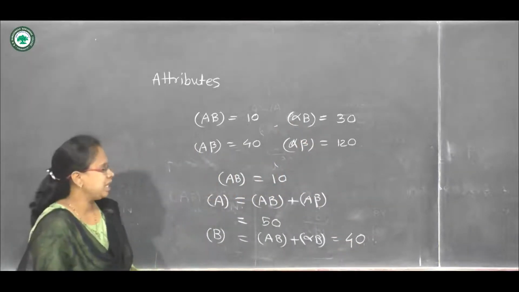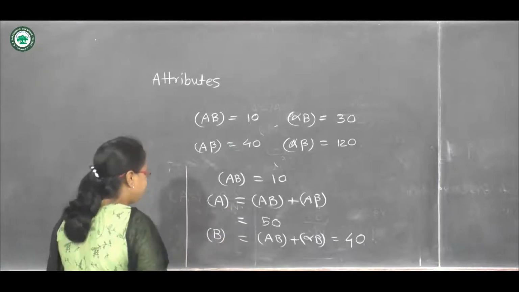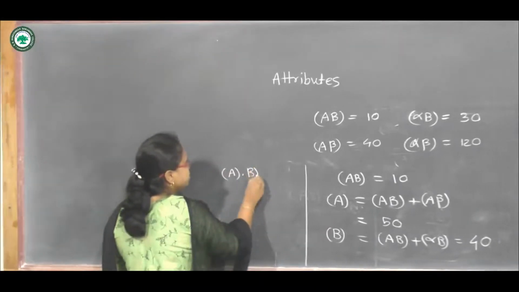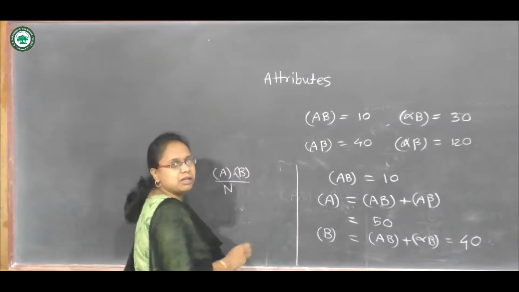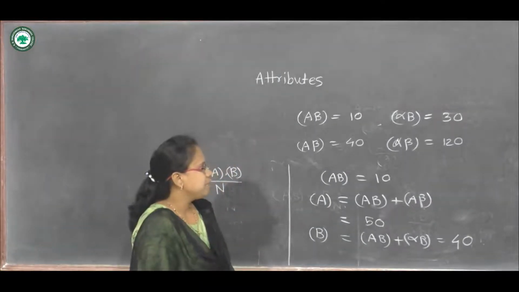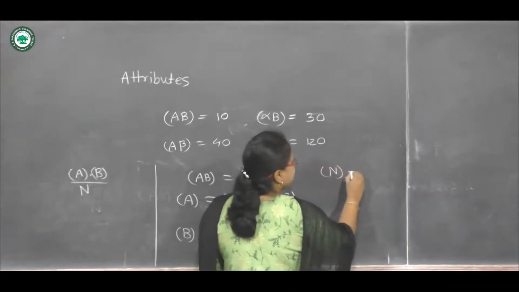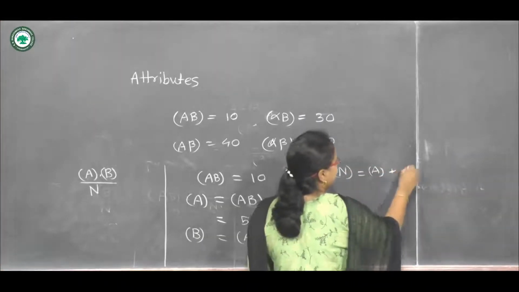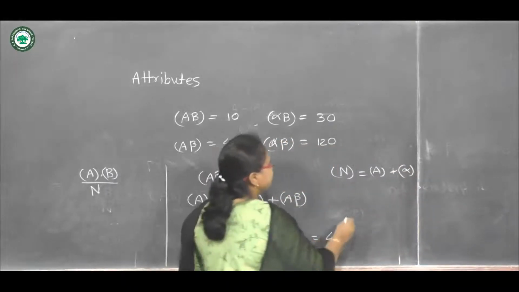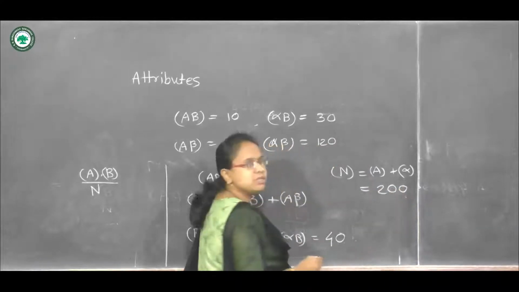We know this relation, so we can make a table. Further, let us obtain this quantity, AB upon N. Here capital N means the total frequency, which we can obtain by adding A and alpha or by adding B and beta. In both ways we can see that the total frequency is 200.